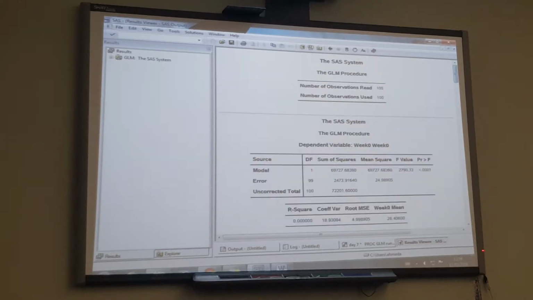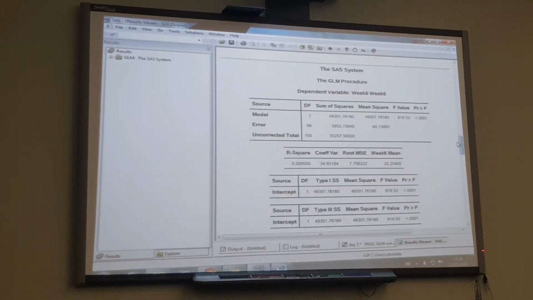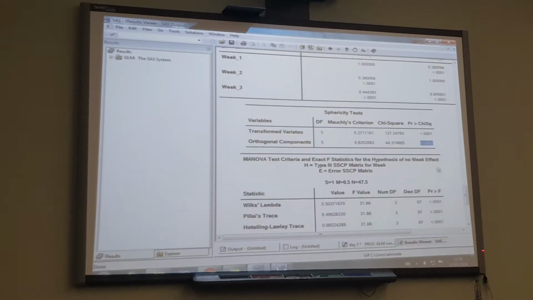So this is what I mentioned. All these are univariate. You just pass them. Go until you see the sphericity test. Looking at the orthogonal result, it seems to be significant. I wanted to know what significant means in my situation.